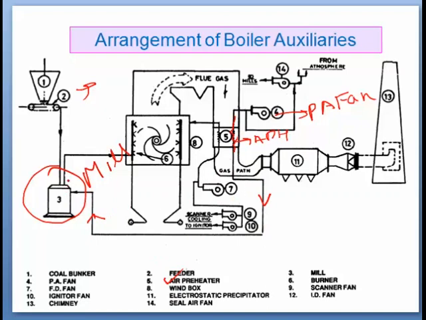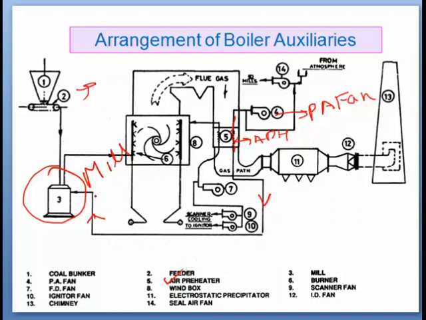this pulverized coal is carried, mixed with the primary air. Generally its temperature is kept at near about 80 degrees centigrade. It is not kept more than 80 degrees centigrade, otherwise there will be chances of sudden combustion of coal during transportation itself. Why are we heating this primary air?